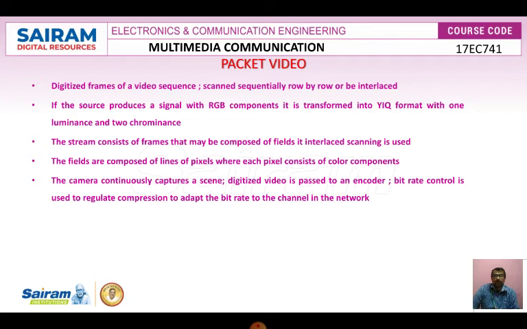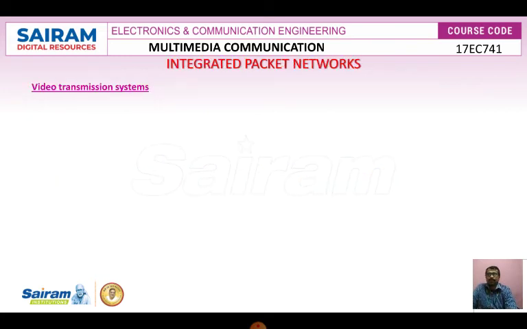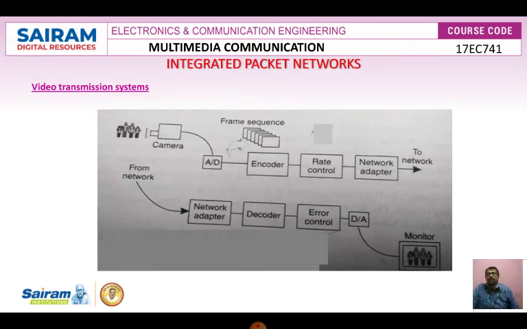If the source produces a signal with RGB components, then we have to consider the YIQ format. What is the YIQ format? It is nothing but one luminance component and two chrominance components. The chrominance components are I and Q, and the luminance component is Y. While talking about video transmission, as I already said, the stream consists of frames.